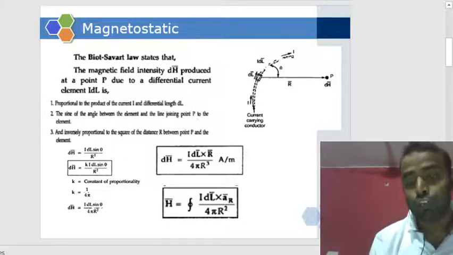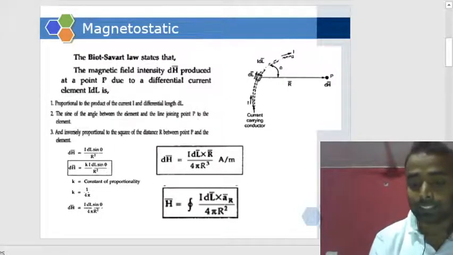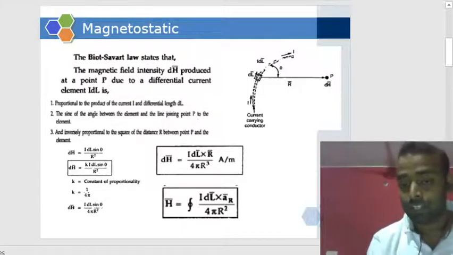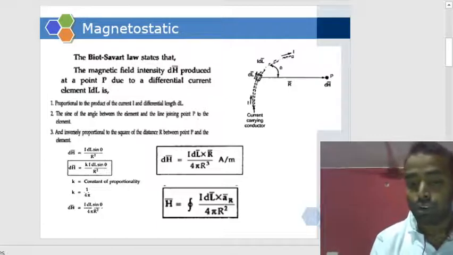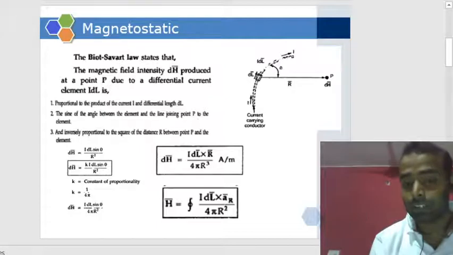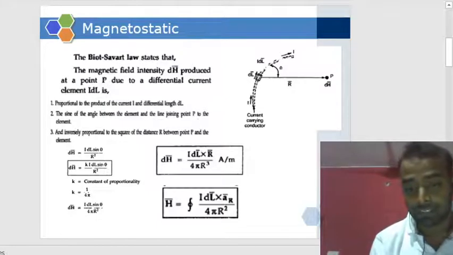Ar is a unit vector which is pointing towards the r direction. The magnitude will be 1, and the direction will be in the direction of r. So when we multiply this, a cross b is ab sine theta, isn't it?